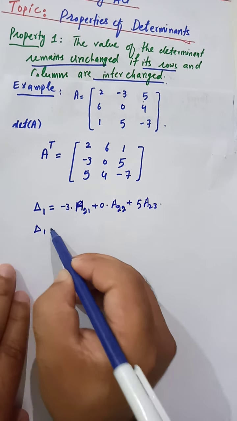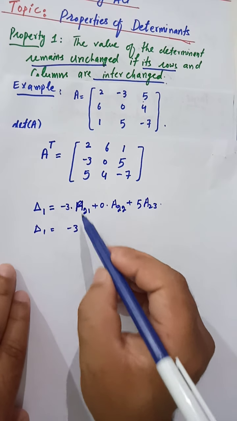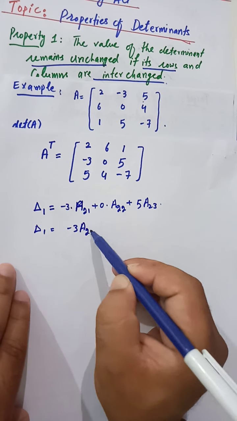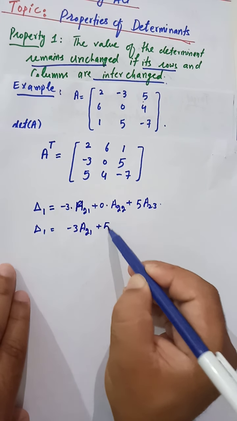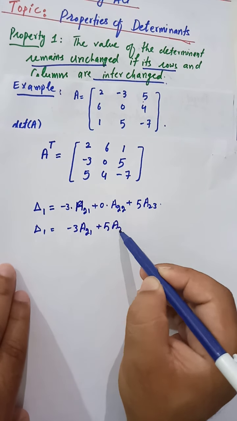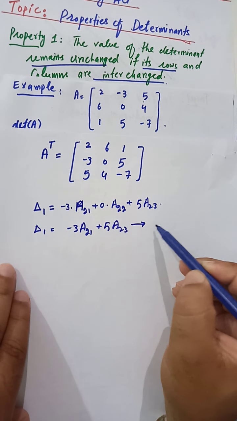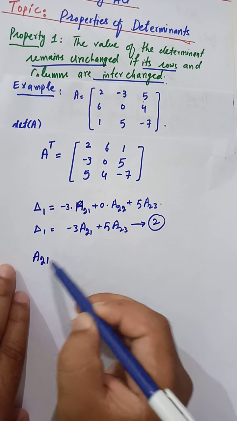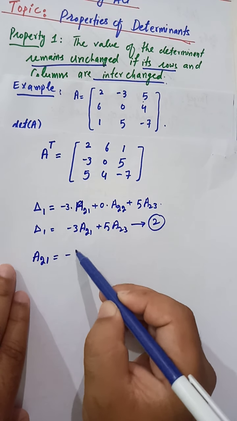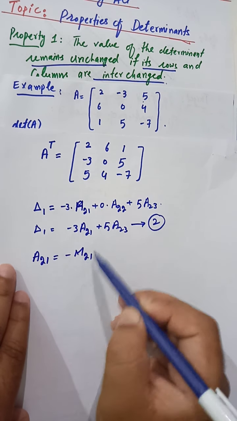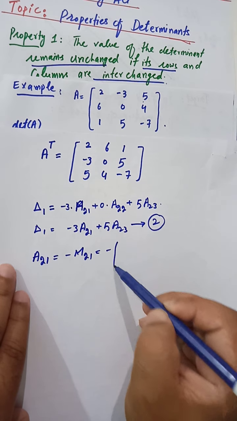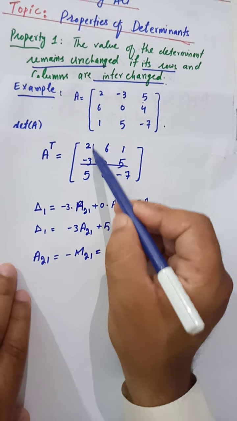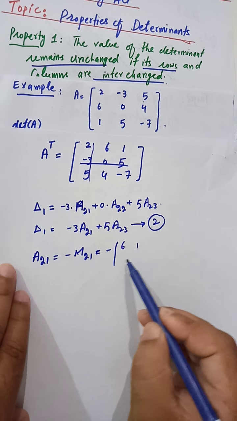So delta 1 is equal to minus 3 A21, plus 0, plus 5 A23. This is equation number 2. I am finding A21, which is equal to minus times M21; you need to cancel out the second row and first column and take the determinant of the rest.